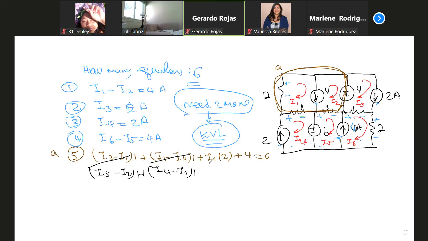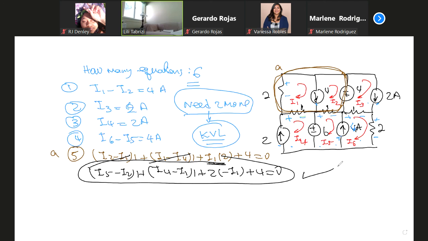Correct. What about this one? Yeah, that's correct. I'm writing this equation. I1 is I1 going through. Oh, it's negative. So it's 2 ohm times minus I1 because it goes against. So this is the correct equation. Okay. Good.